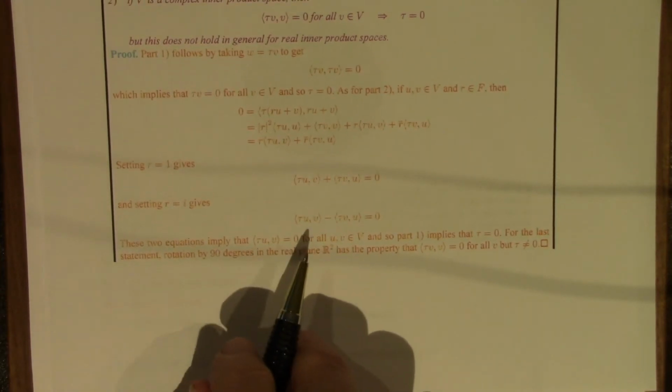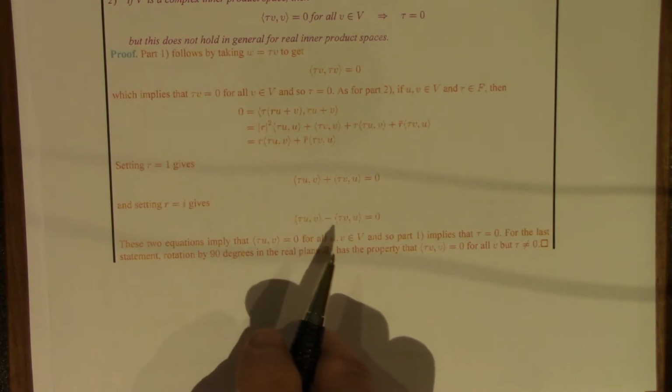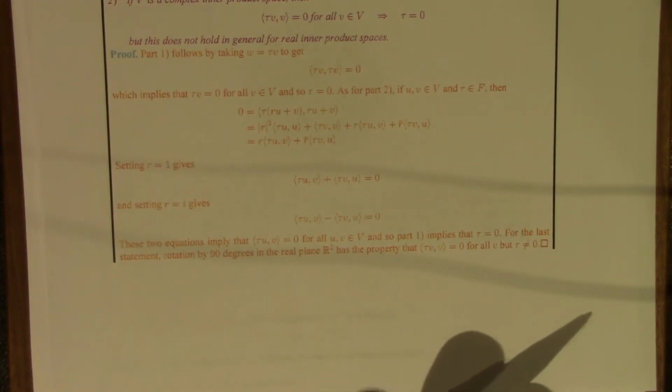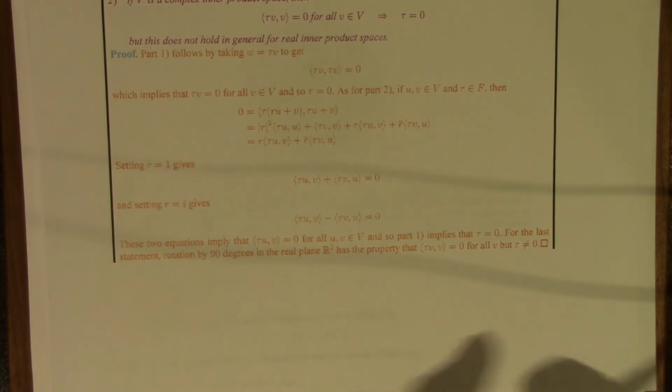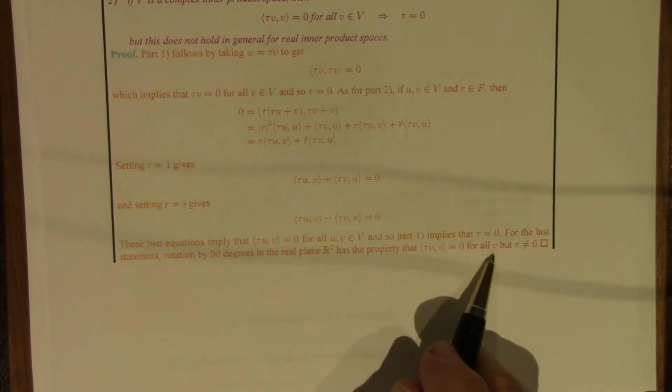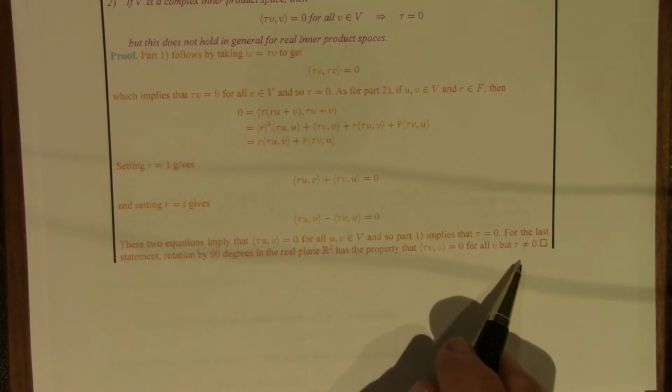As a simple example, think about rotation by 90 degrees in the plane, R2. If tau is rotation by 90 degrees, then tau v is orthogonal to v for all vectors, so the inner product of tau v with v is 0 for all v. But certainly tau is not 0.